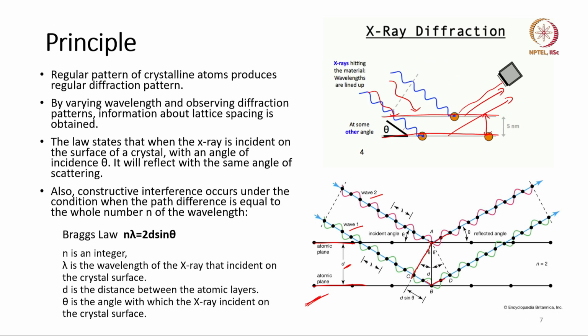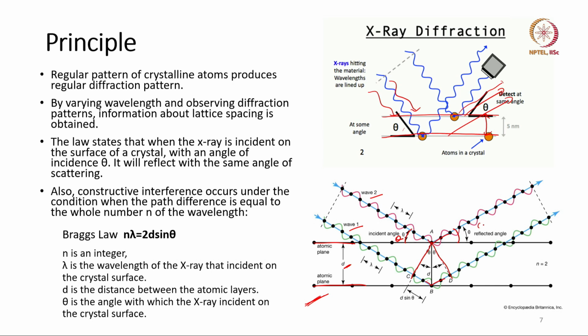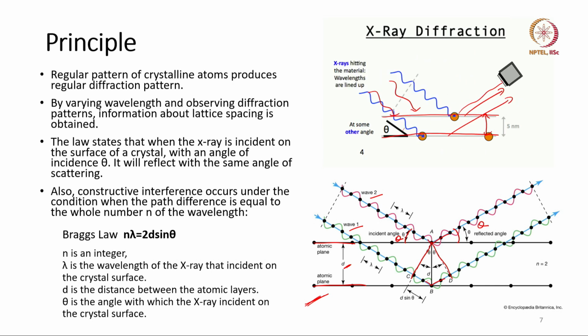Let us suppose it falls at an angle theta; since the incident angle is theta, this angle will also be theta, right. Diffraction will only occur whenever the waves meet constructively.